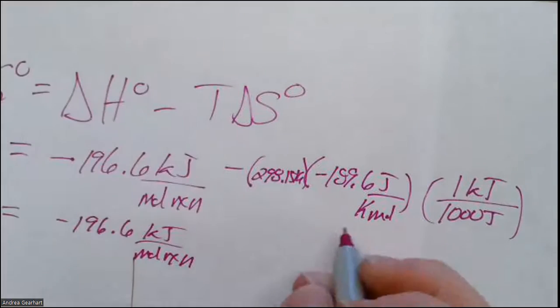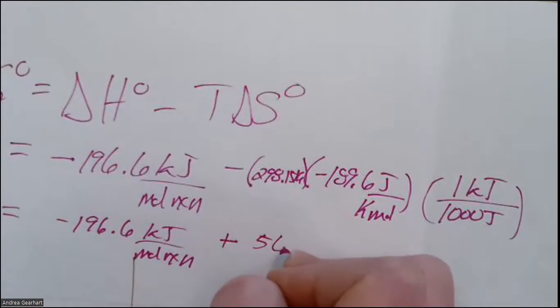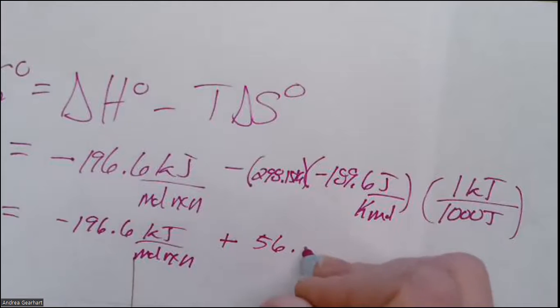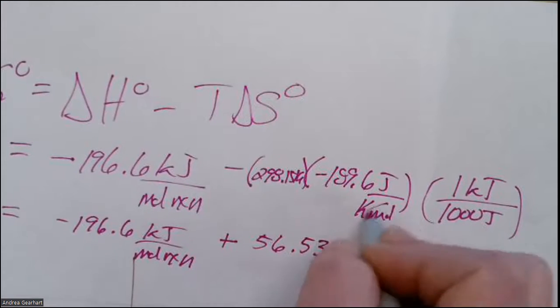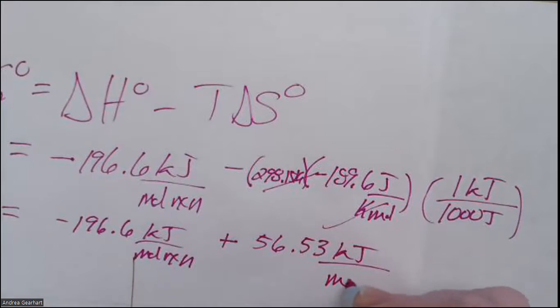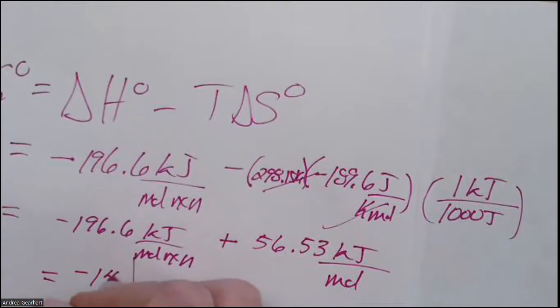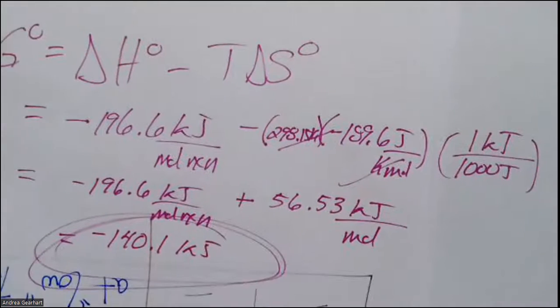And this negative and negative will make this positive. And we will have 4. And the Kelvins cancel, so kilojoule per mole. All right. Negative 140.1. And we could put per mole of reaction.